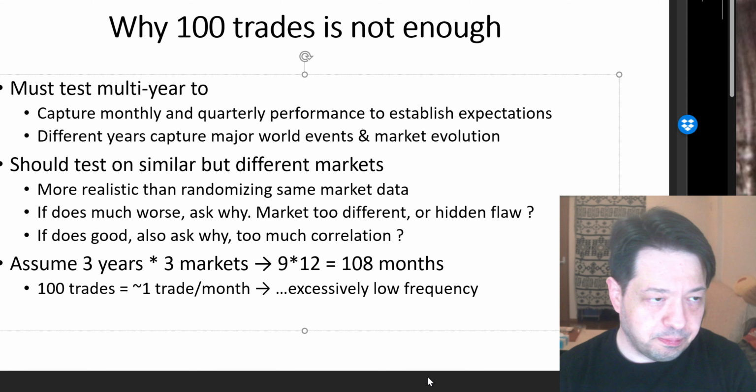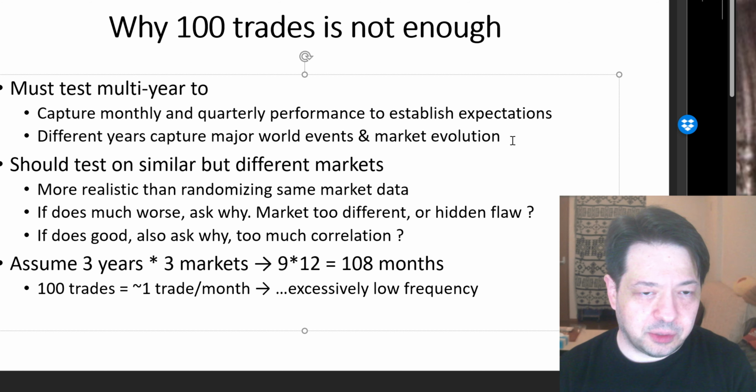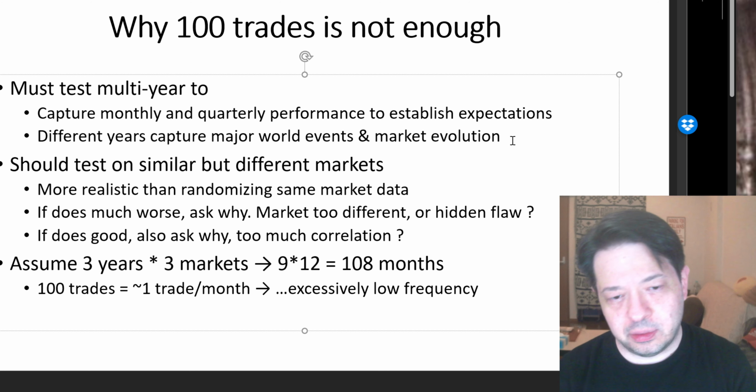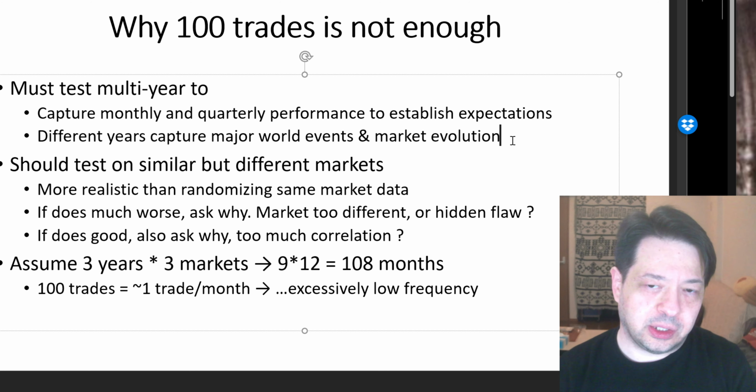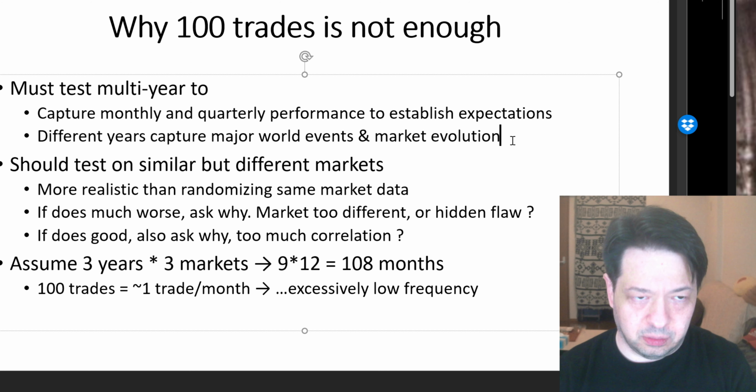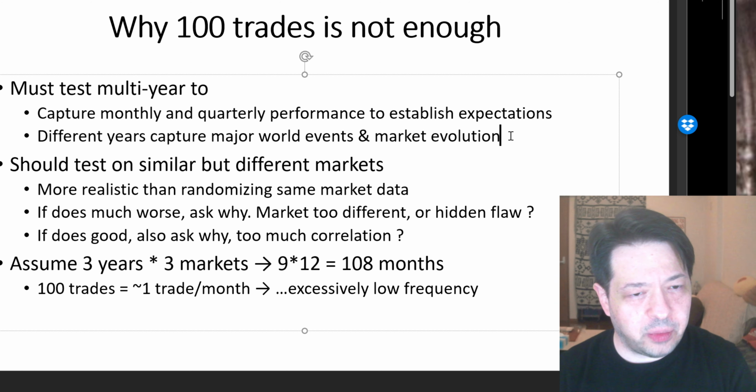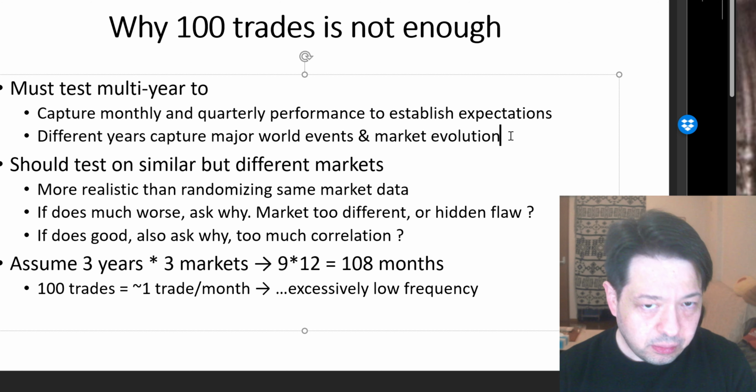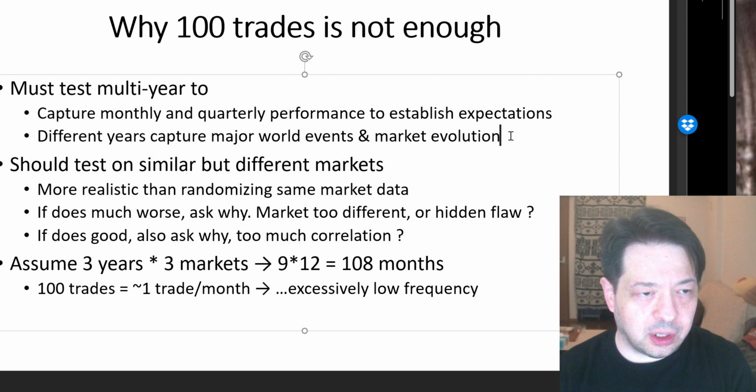So definitely, as many years as possible. Then there could be reasoning for maybe excluding years that are too old and relatively new markets, but ideally one wants to have at least, I don't know, 3-4 years, but definitely not 1 or a few months. And this is just basically the logical basis for having multi-year testing.